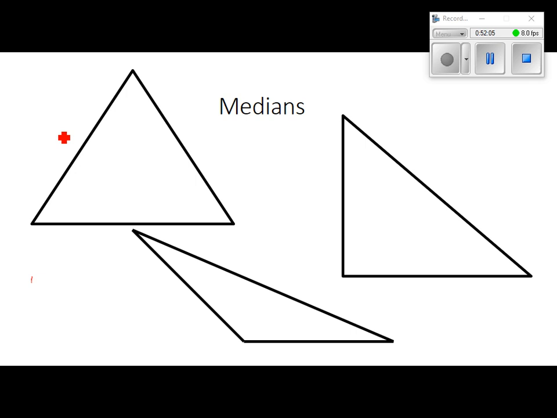So on these, we're going to draw all the medians. Can you do it without me running my pen through here and finding the midpoint again every time? Can you guys just sort of estimate on yours? Maybe it's about there, about there, about there. The good thing this time is when you draw these in, it always starts at the angle, at the corner.